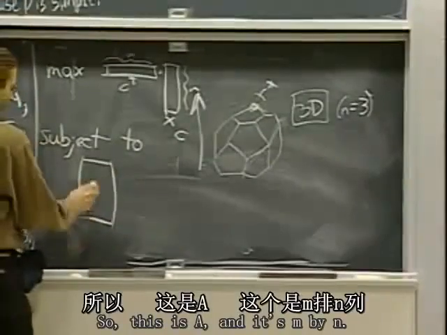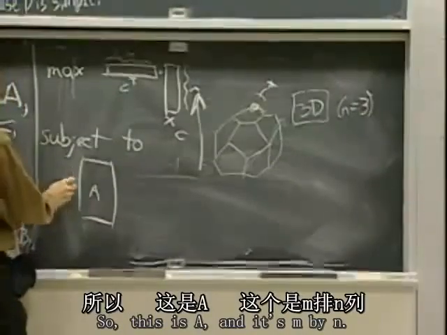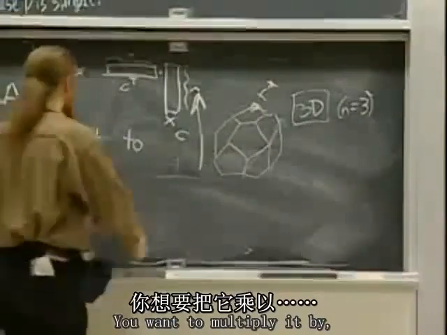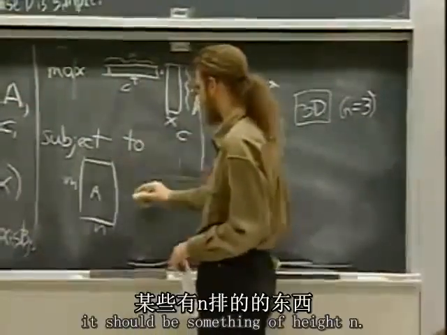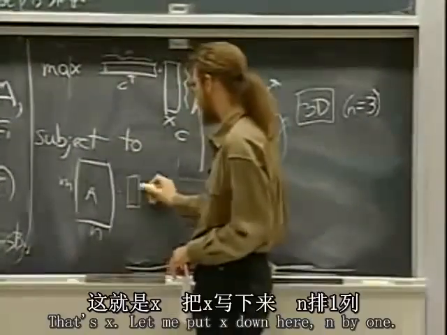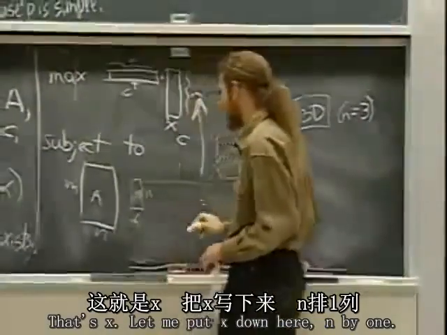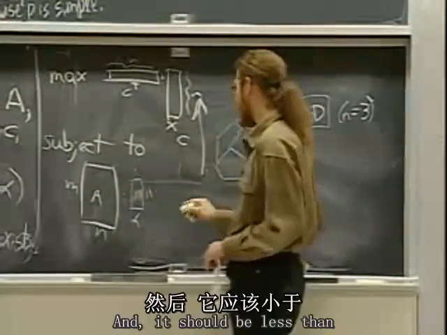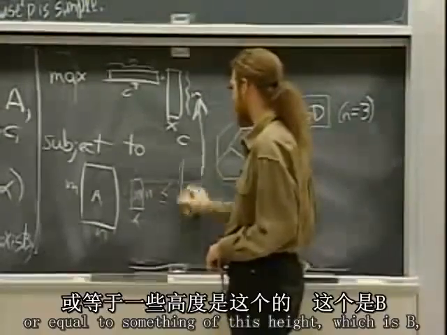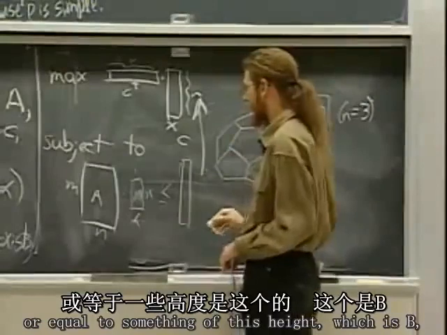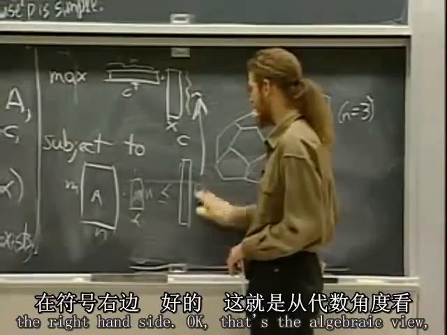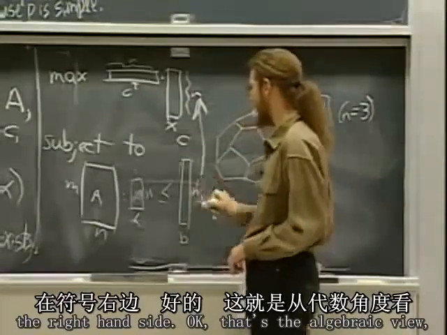So this is A, and it's m by n. You want to multiply it by something of height n. That's x. Let me put x down here. And by 1. And it should be less than or equal to something of this height, which is b, the right-hand side.